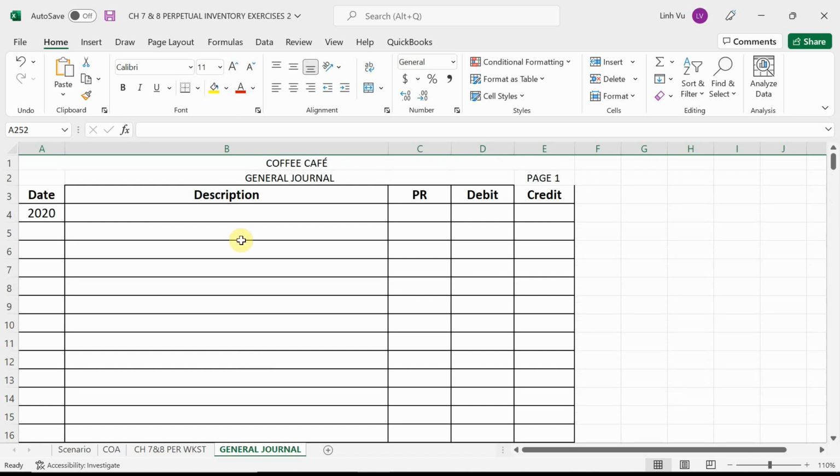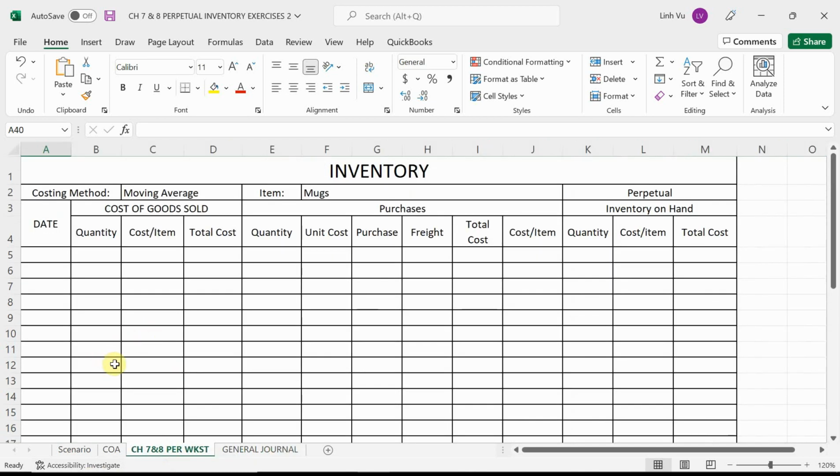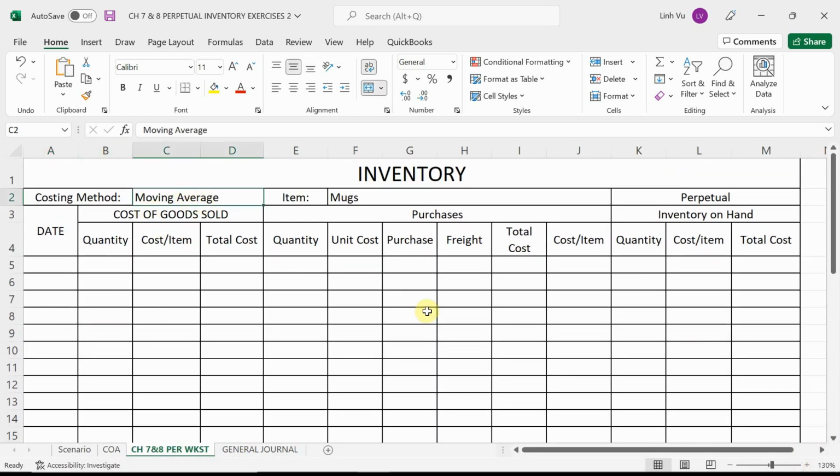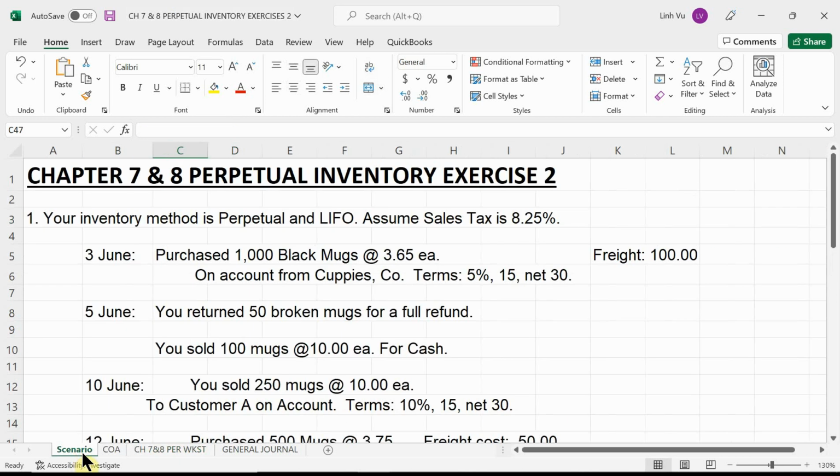So let's practice how to journalize our transactions so we can complete this. Here is your worksheet. The only difference is this has to say LIFO. So here's your inventory worksheet, and let's get started.